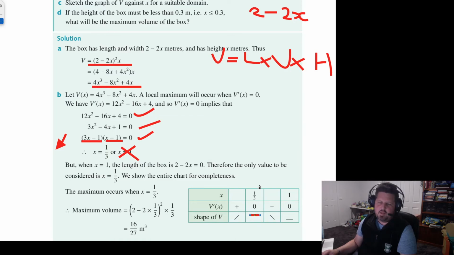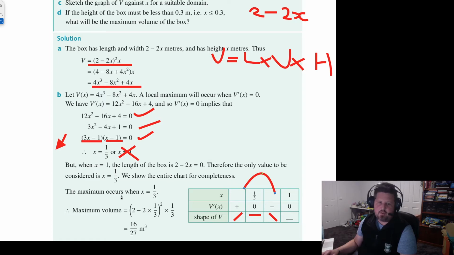If we check to the left, choosing a value, you might choose, I don't know, 0.2, you'll find that it's a positive gradient on the left. Checking a value to the right, it's going to be a negative slope. So when it goes like that, we know that's going to be the maximum point at the top there.